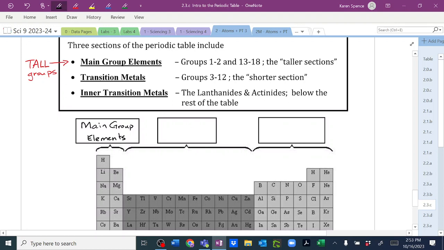Okay, so it's group 1, 2, and then 13, 14, 15, 16, 17, 18. Those are the main group elements.